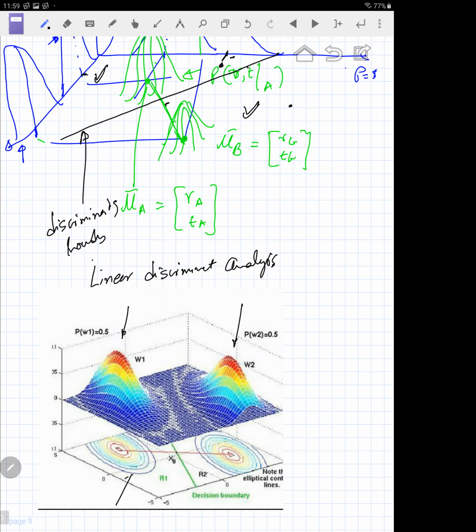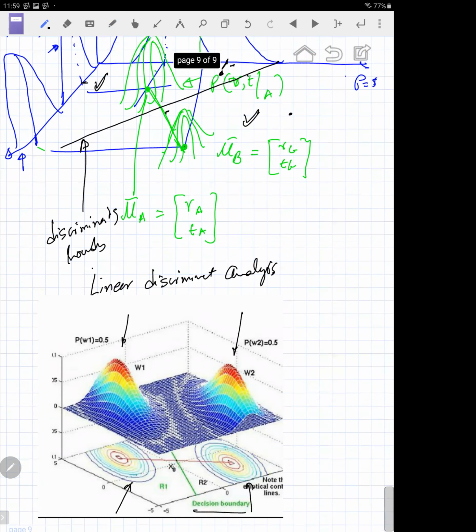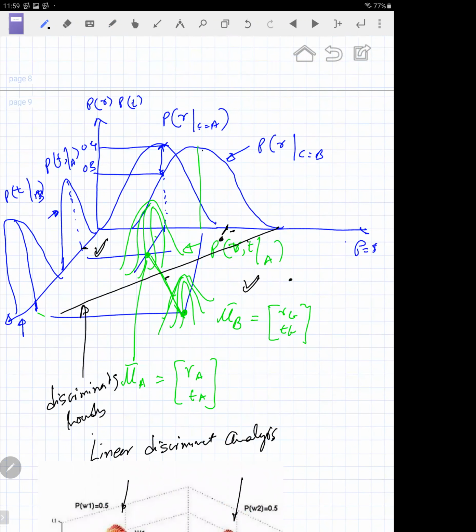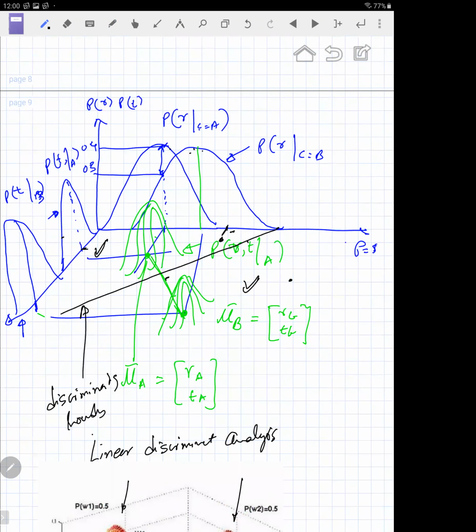These are the contour plots of the two distributions. This is the decision boundary, the discriminating boundary. So what happened was the original single variable data was not discriminative enough. But the moment you added a second variable, all of a sudden you could very clearly discriminate between the two quantities.